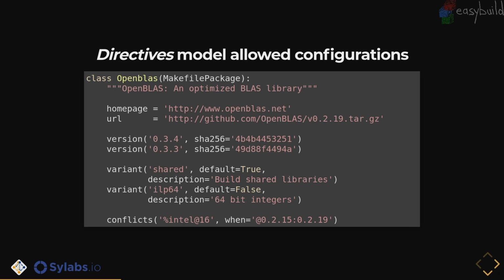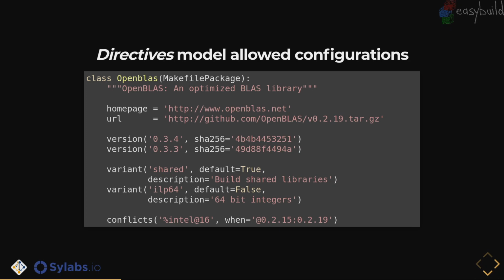This way of modeling things matters because you have to deal with a combinatorial space in HPC: you need many compilers, many configurations, or many versions of the same things. With directives, you model each elementary piece and you build up the space from there.